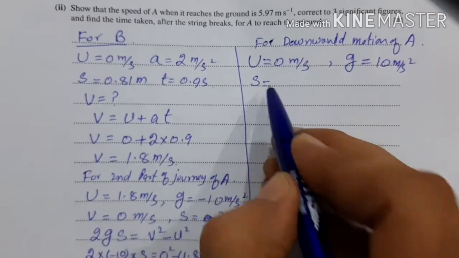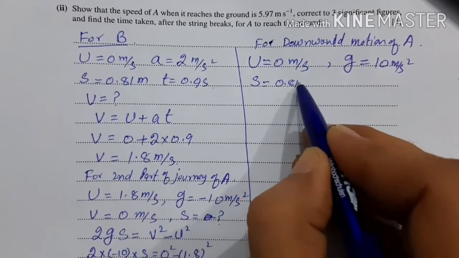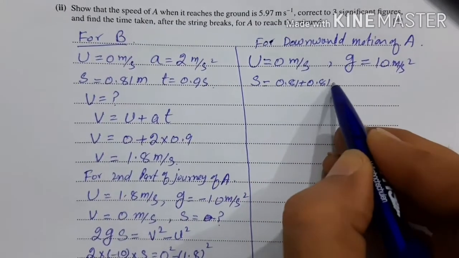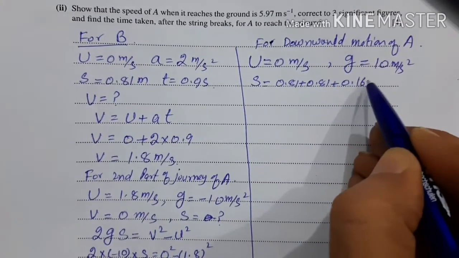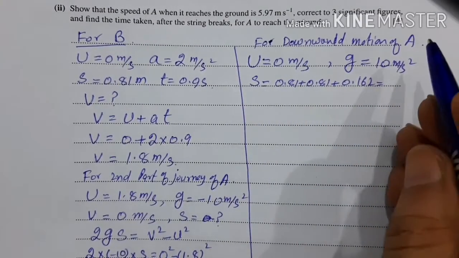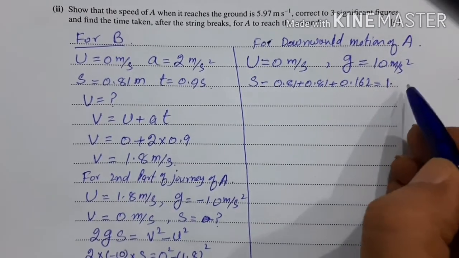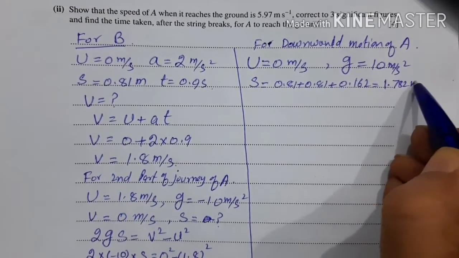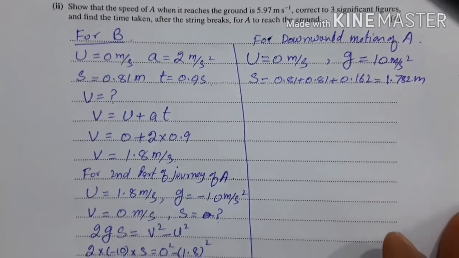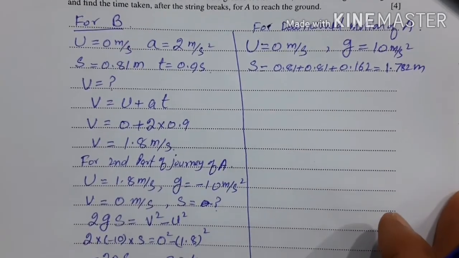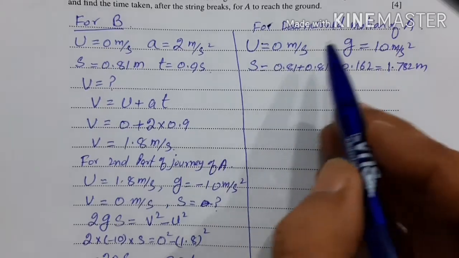The distance will be 0.81 plus 0.81 plus 0.162 as I discussed before. So this will be a total of 1.782 meters. This is the total distance covered by the particle A during downward motion.